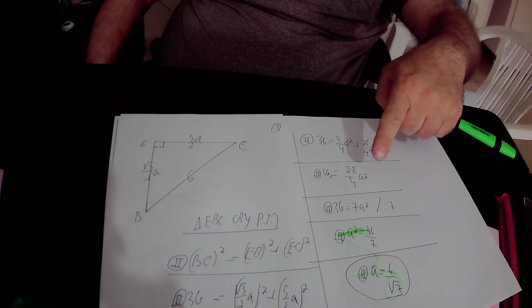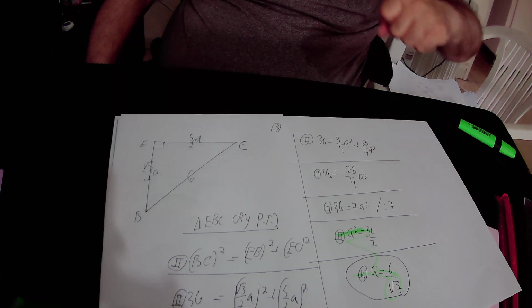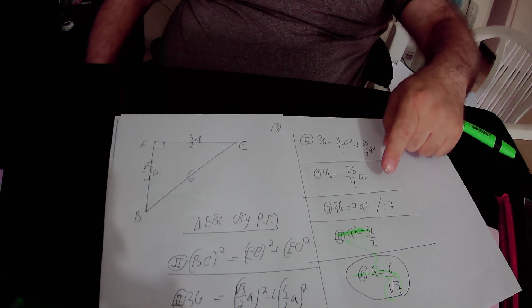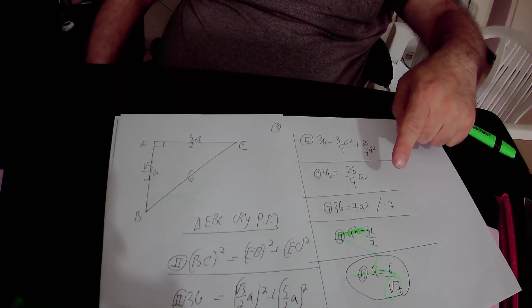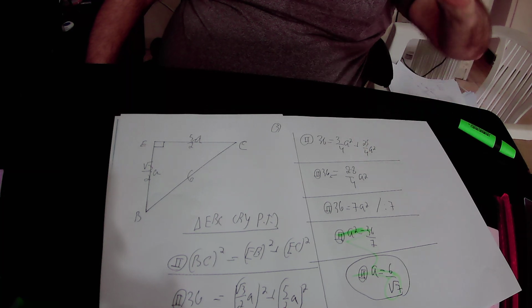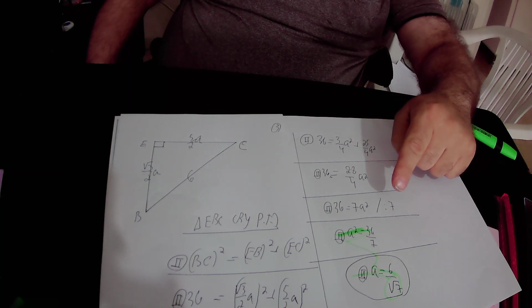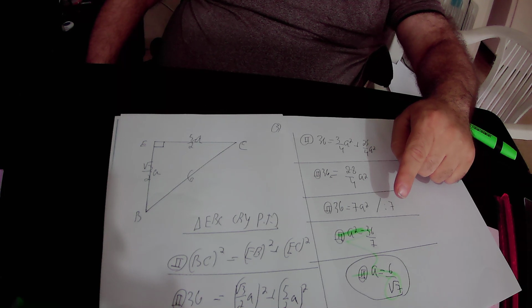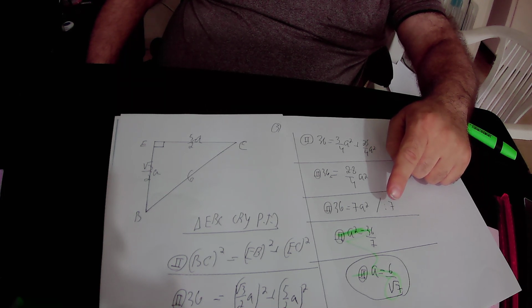So here we got that 36 equals 7A square. We divided this equation number 2 by 7, and found that A square equals 36 over 7. We took the square root of this equation number 2, and found that A equals the square root of 36, that is 6, over square root of 7.